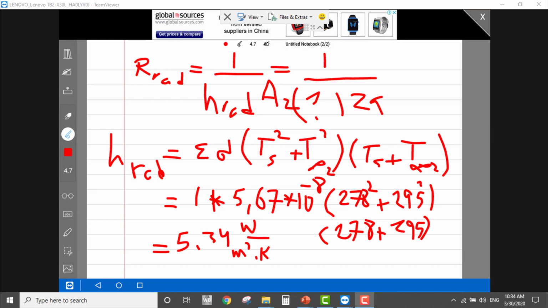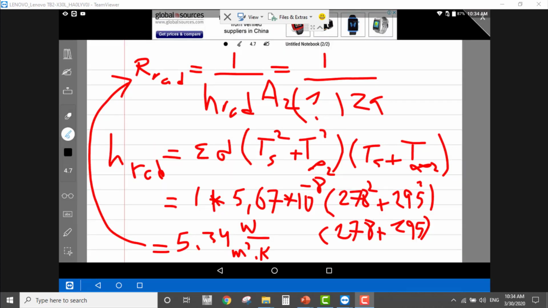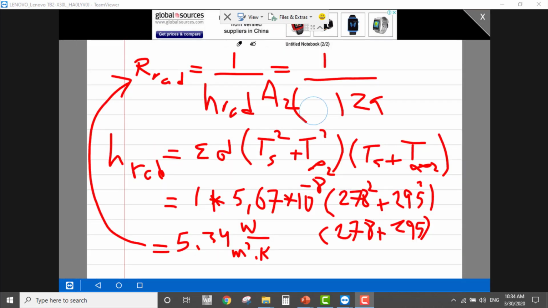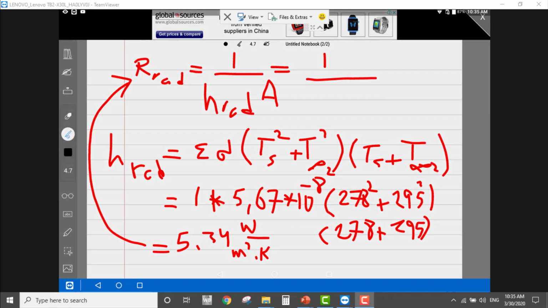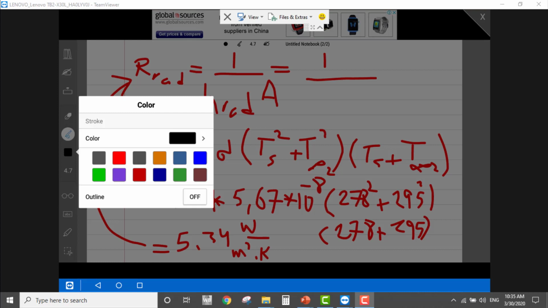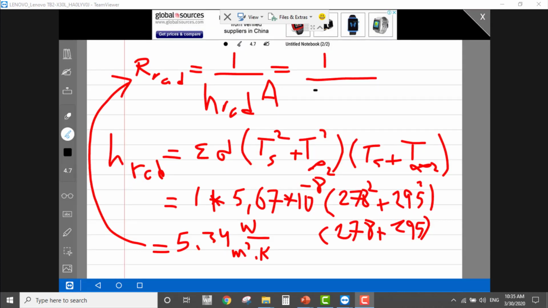So if I want to go back to this equation and substitute it back, 5.34 multiplied by area 2, which is 29.